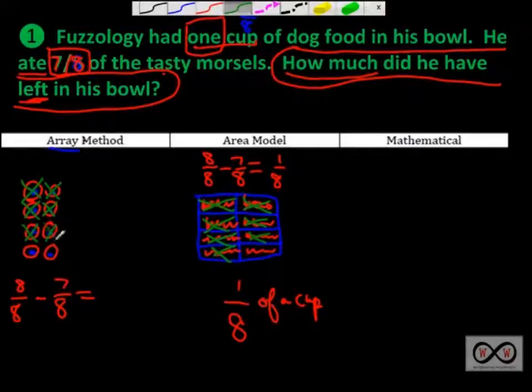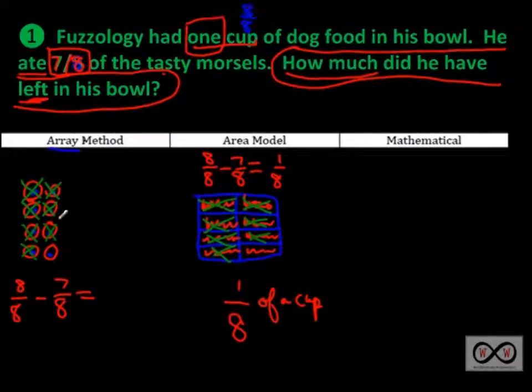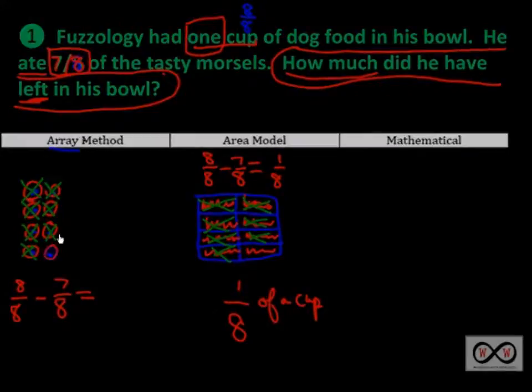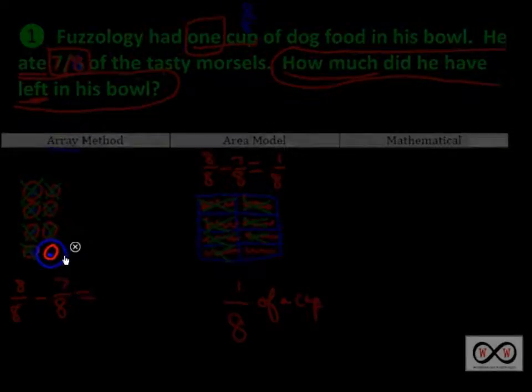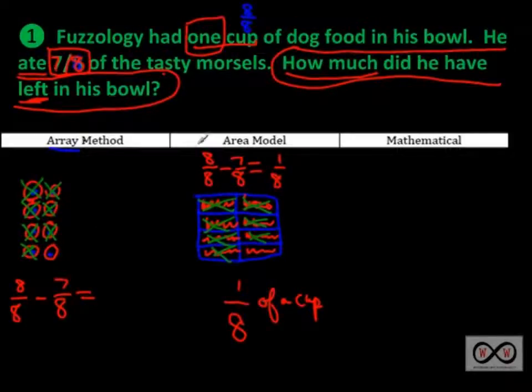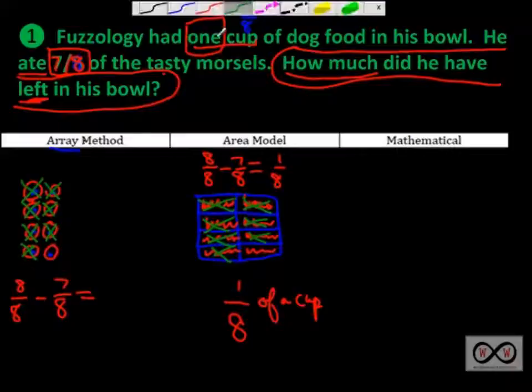There's 5, 6, 7/8. And you can see what we have remaining right there. Right there we have 1 out of 8. The original 8 that we started with, we're left with 1/8. So Fuzzology has 1/8 of a cup. There's a different way to show it.